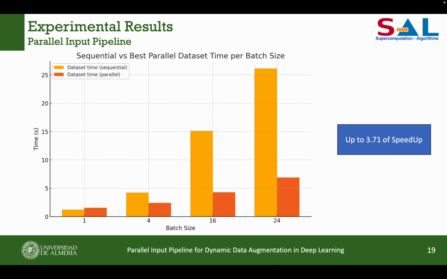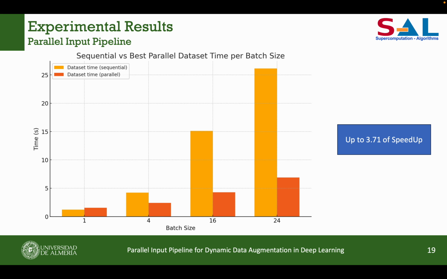Here you can see the graphic that shows the acceleration of the proposed input pipeline. As you can see in yellow, we have the time that is taken to process 50 sequences of data in sequential. And in orange, we can see the same, but using the parallel approach.